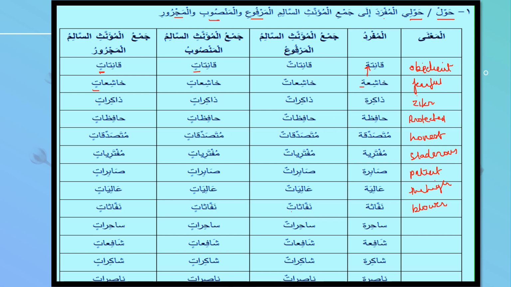Naffathat. Sahira means the magician, the female magician. Sahiratun, sahiratin, sahiratin.